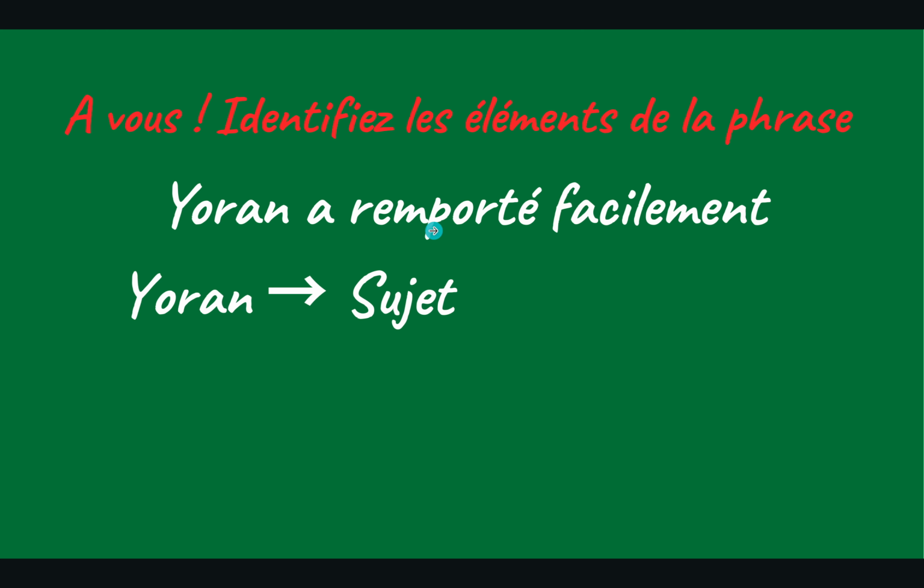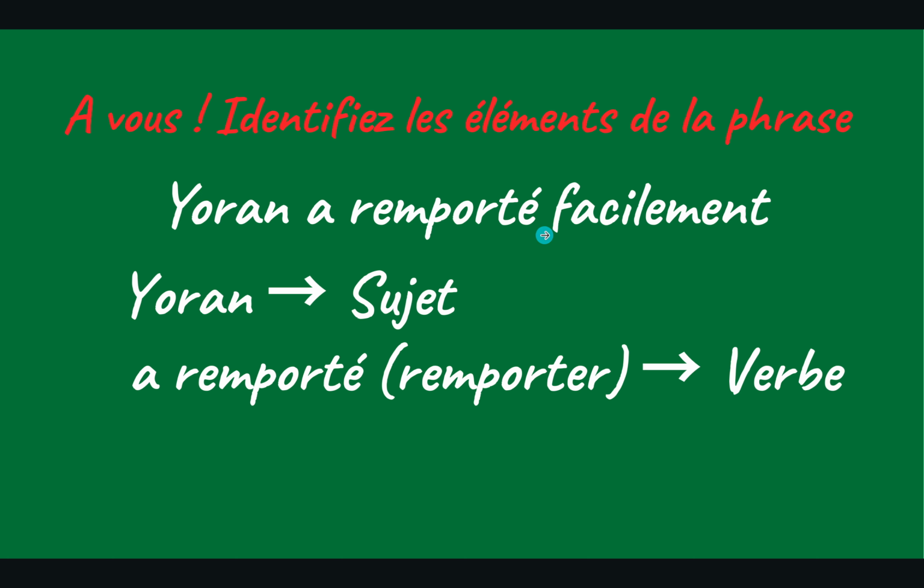He won something. Remporter is to win. Donc a remporté. Remporter is the verb to win. And then this one last element is what we call an adverb in French.